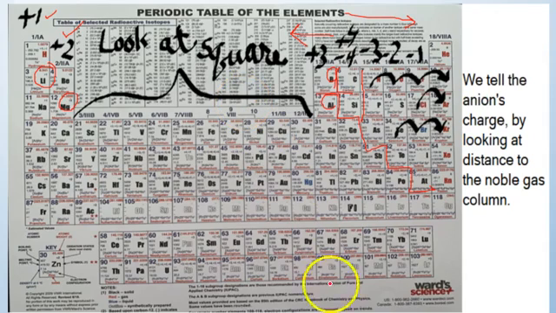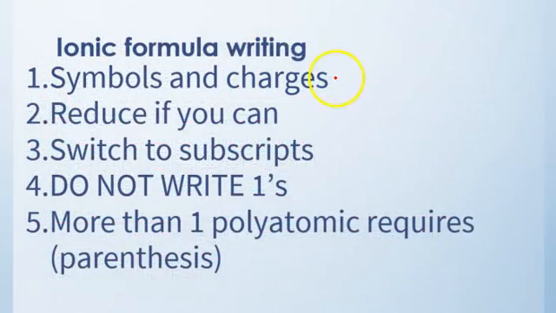So the first step in writing a formula is symbols and charges. So that last slide was how I figured out symbols and charges. The second step is reduce if you can. If my charges were a +2 and a -4, these 2 numbers can reduce down to a 1 and a 2.